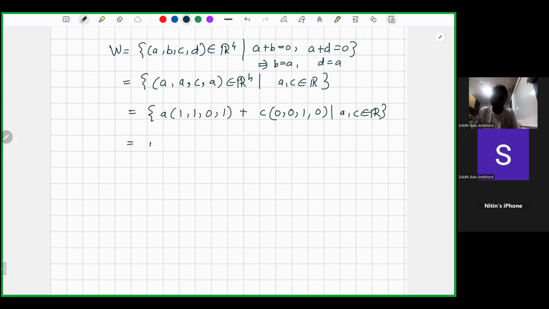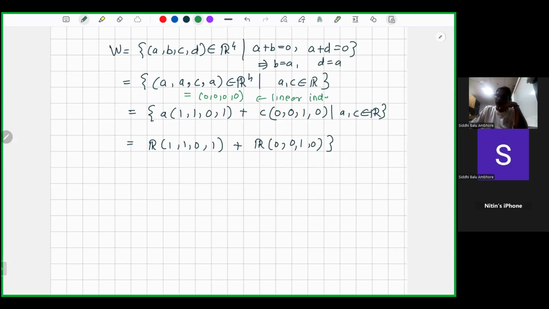And this is just R(1, 1, 0, 1) plus R(0, 0, 1, 0). And you can again check that these two vectors are linearly independent, because if I take the linear combination a plus c equal to 0, 0, 0, then we directly get a and c are 0, which is linear independence.